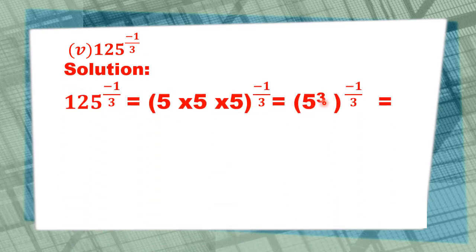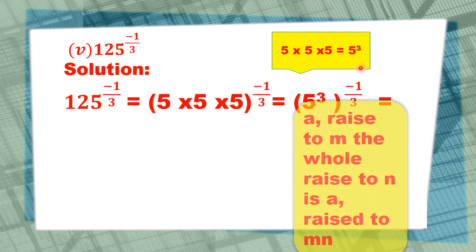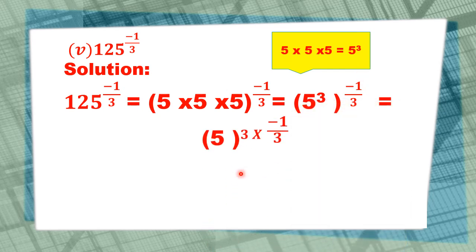Here 5 cube is raised to minus 1 upon 3. This 3 will move outside the bracket, so you will get 3 into minus 1 by 3. 3 will get eliminated and you will be remained with minus 1.